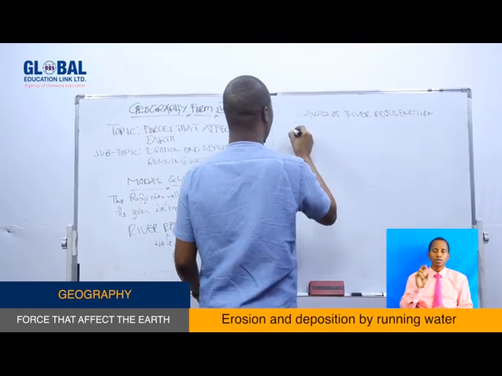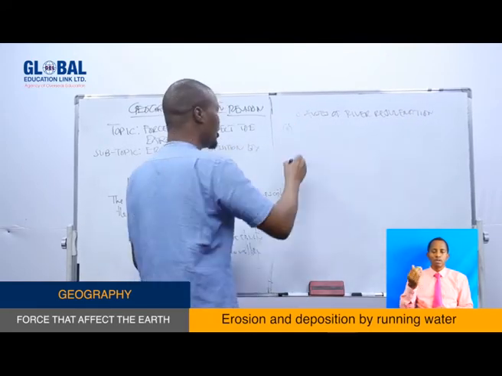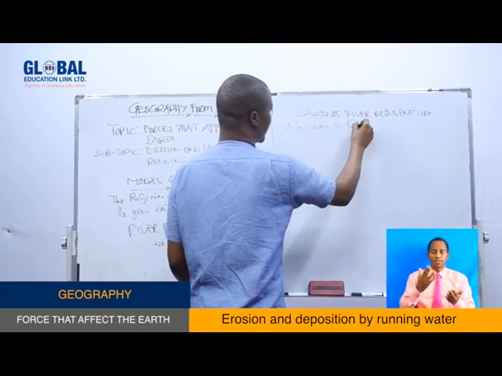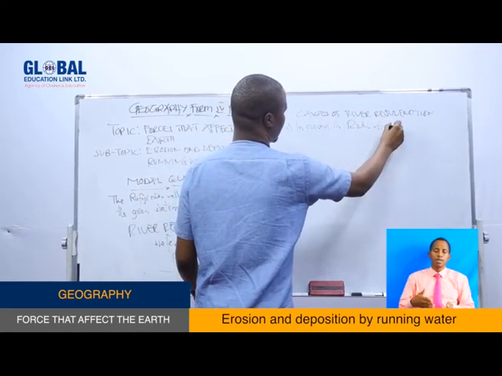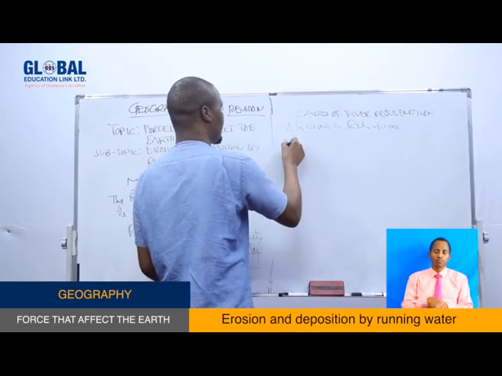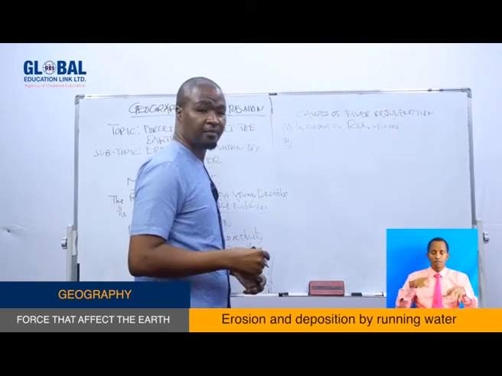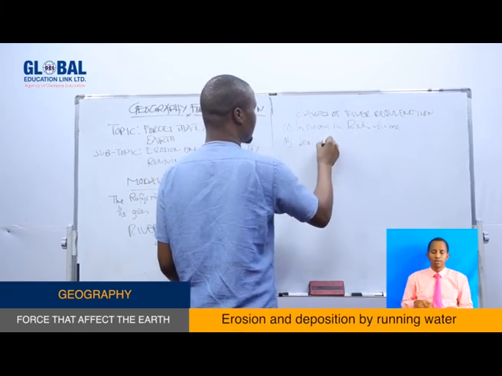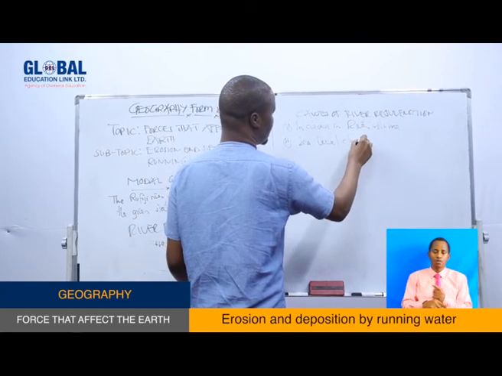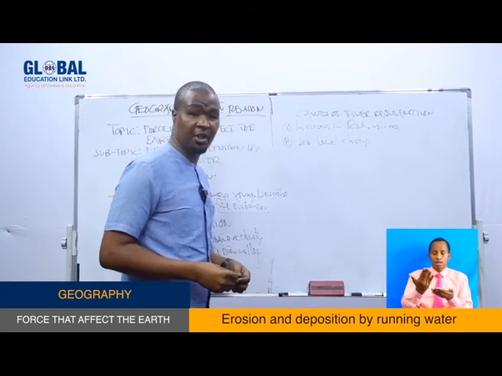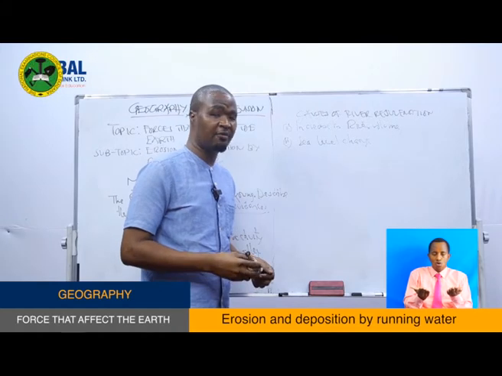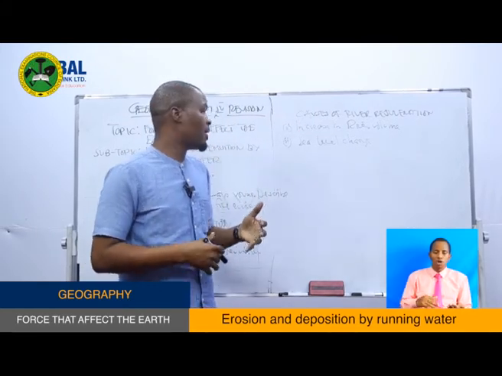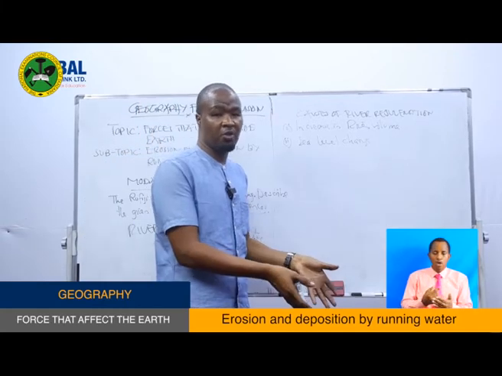See, the first cause is increase in river volume, either from rain, ice melt, spring, etc. Then we have the sea level change. See, the change in sea level, for instance, either the rise or the fall in sea level, may result in the occurrence of erosion of the river valley again.